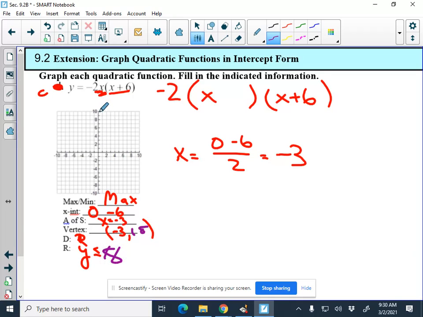Now this one, it only goes up to 10. So if we were graphing this one, we'd put a 1 at 0, 1 at -6, and then -3 goes up to 18, which is way up here. So 18's off the page a little bit.